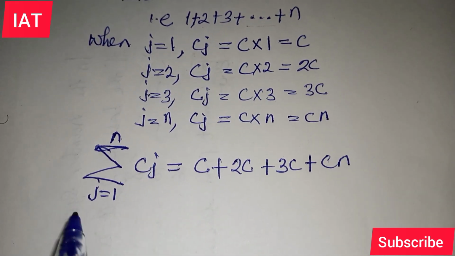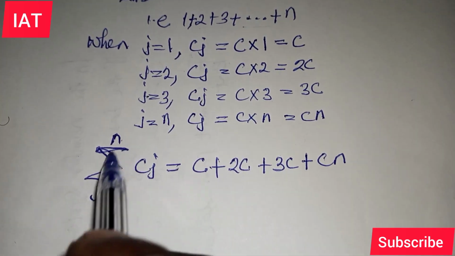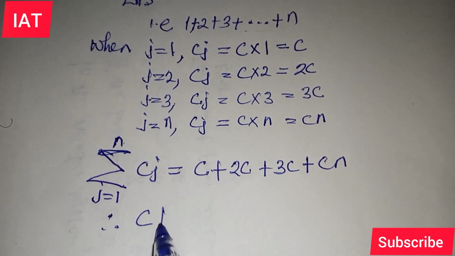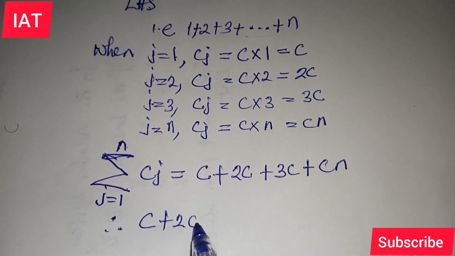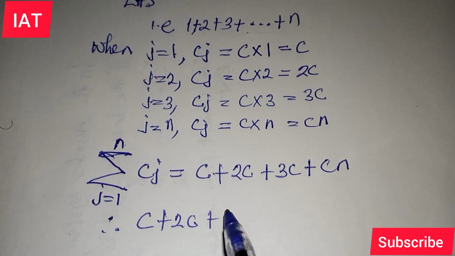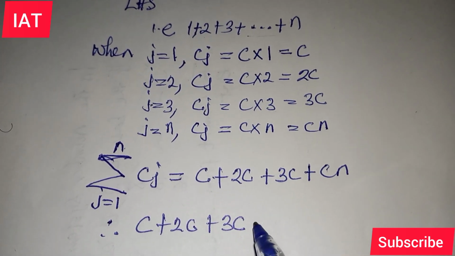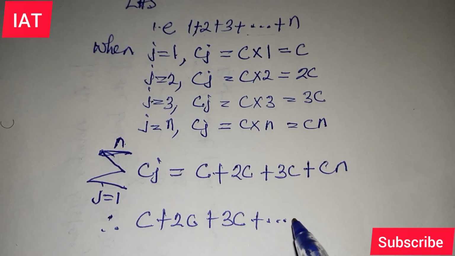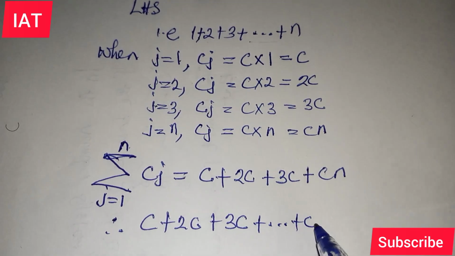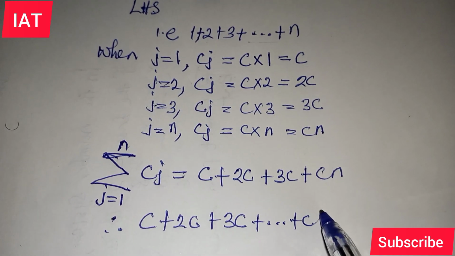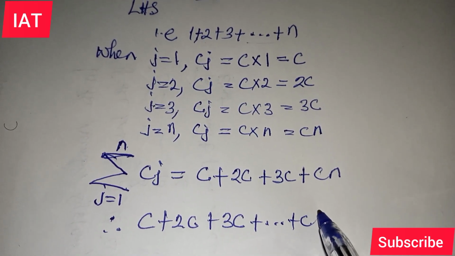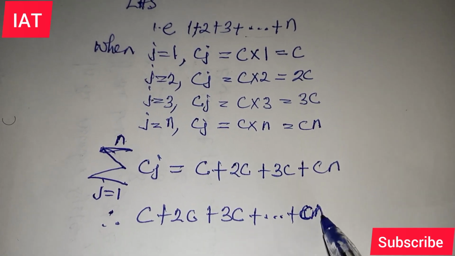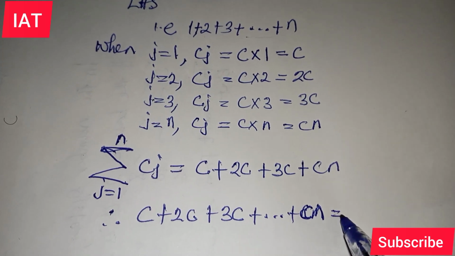So in place of this whole expression, we could just represent this as c plus 2c plus 3c plus dot dot dot, plus cn. If you want you can use k, but in this case we just want to maintain the n. And this will be equal to the right hand side.